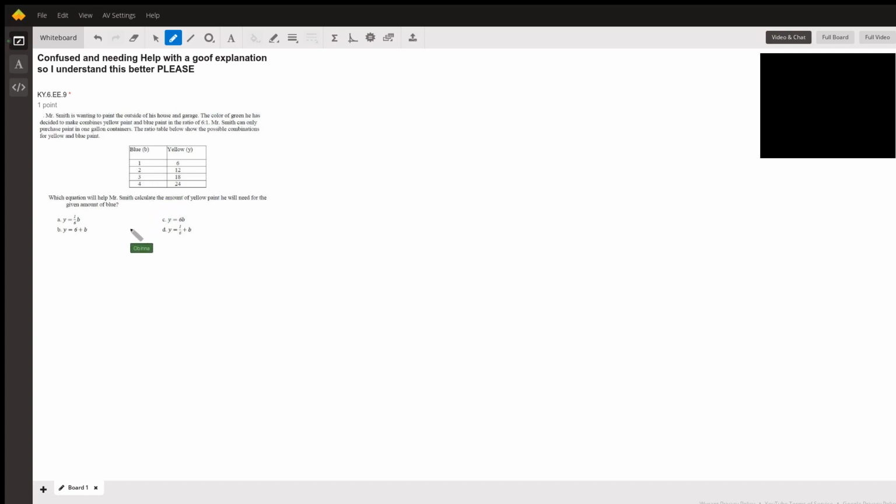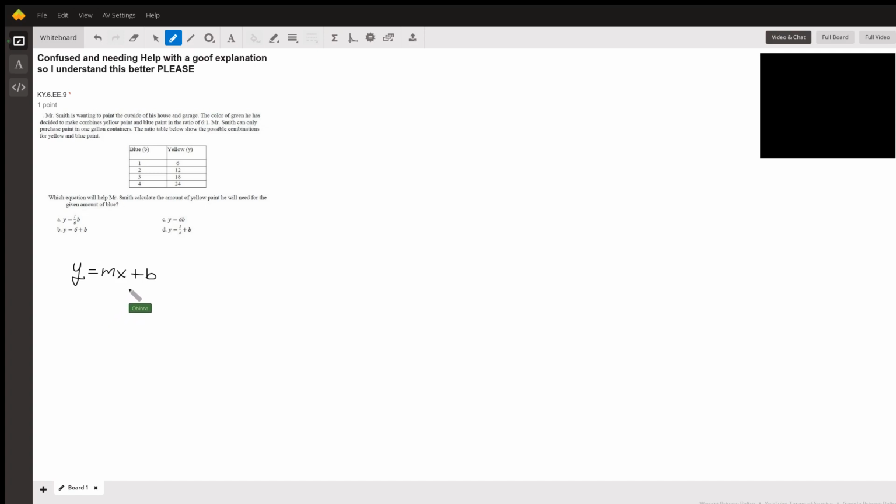All right, so first things first, this is a situation which is a linear function. If you learned about linear functions, you know all linear functions are in the form y equals mx plus b. In this case, our variables are not y and x. Our variables are y and b, which stand for yellow and blue.